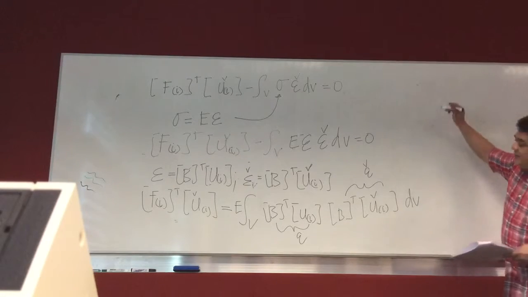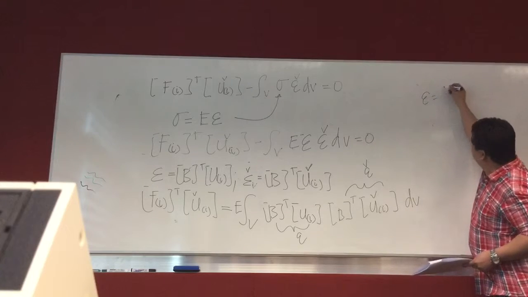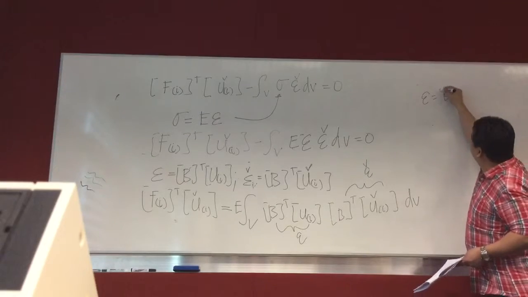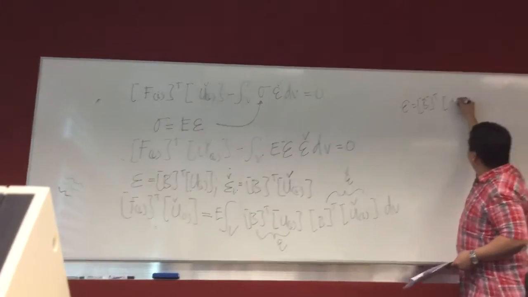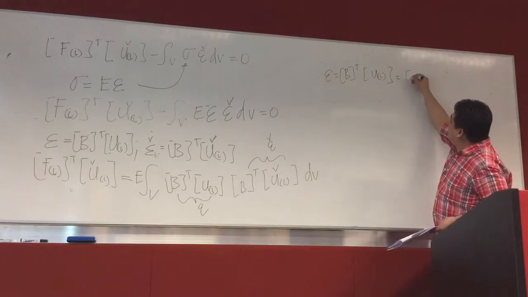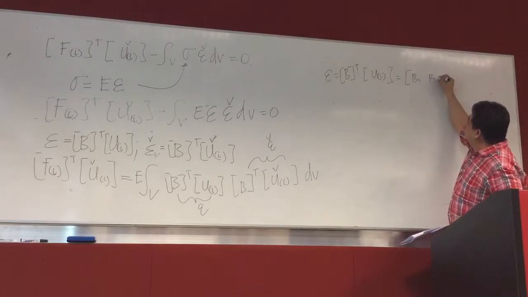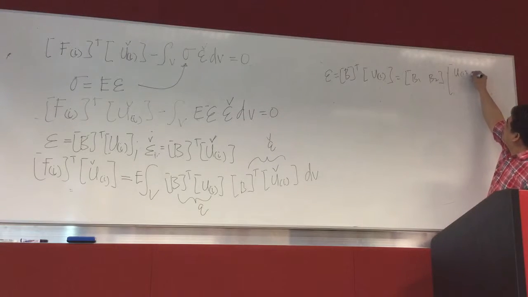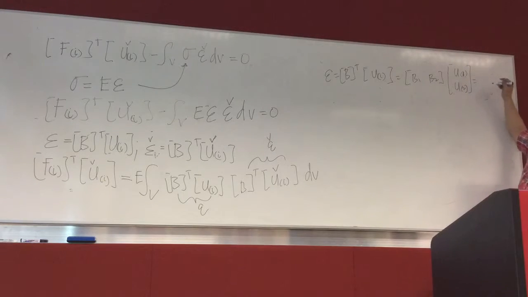So just let me show you, your strain is equal to, say, B1, B2. So if we have B transpose, say ui, just an example. So this one will be B1, B2. And then you have U1, U2. So this will be equal to B1 U1 plus B2 U2.